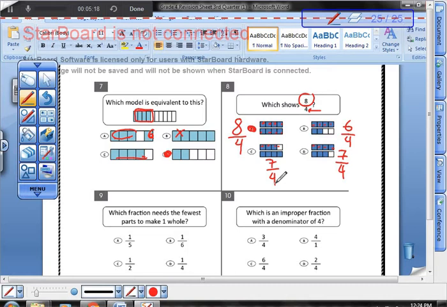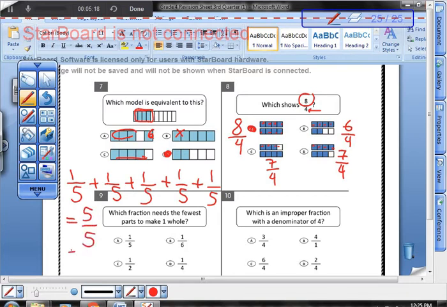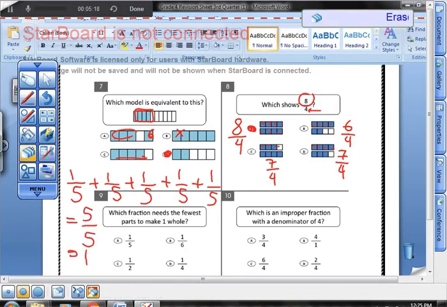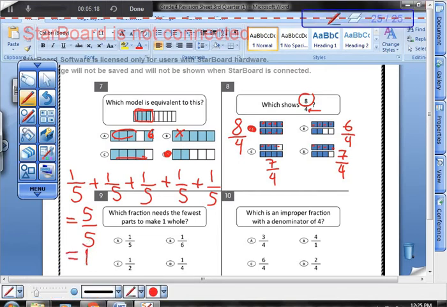Any fraction that has 1 as its numerator is called a unit fraction. And we know, for example, if I have 1 out of 5 plus 1 out of 5 plus 1 out of 5 plus 1 out of 5 plus 1 out of 5, that is 5/5, which is equal to 1, right?